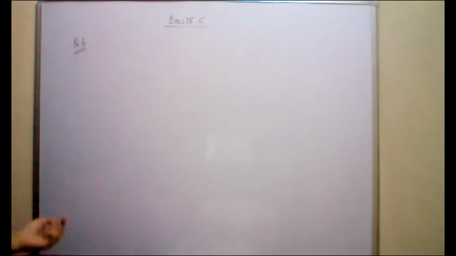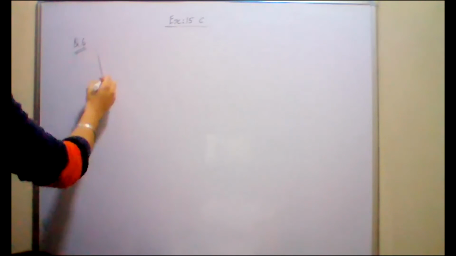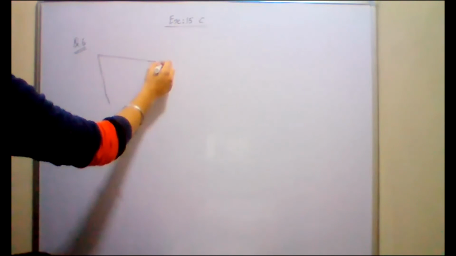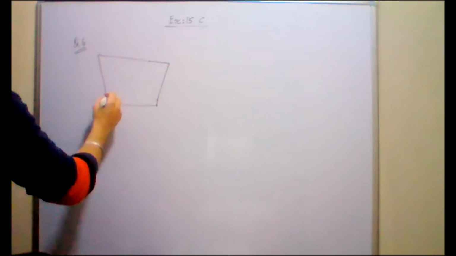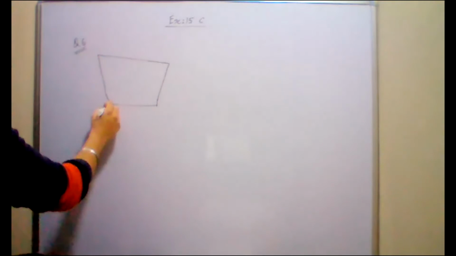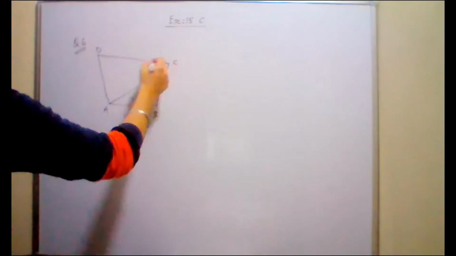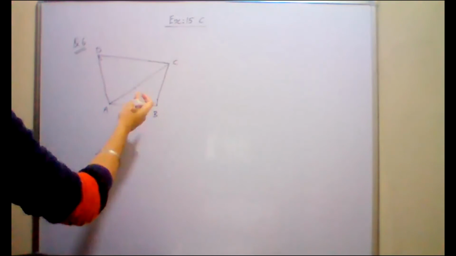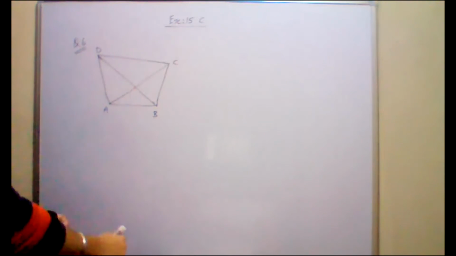ABCD is a quadrilateral. In this, you have to prove this. There is a figure given in question 6, quadrilateral ABCD. In the quadrilateral, you have to prove that the sum of all the sides is greater than the sum of the diagonals.